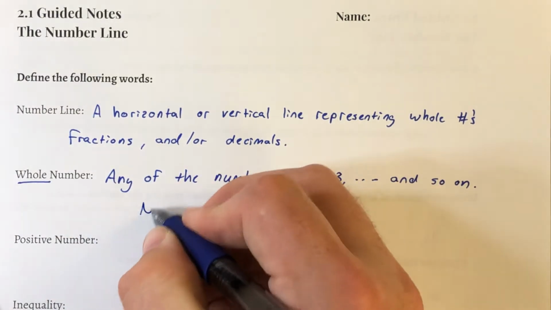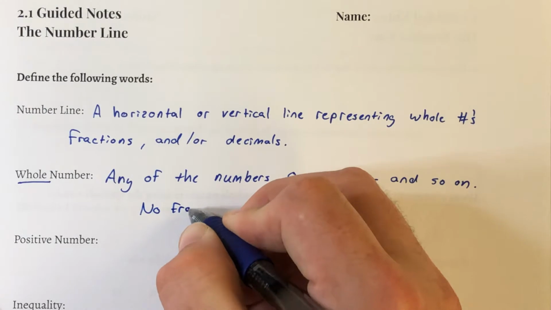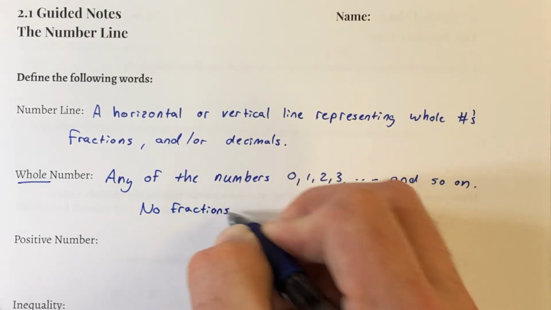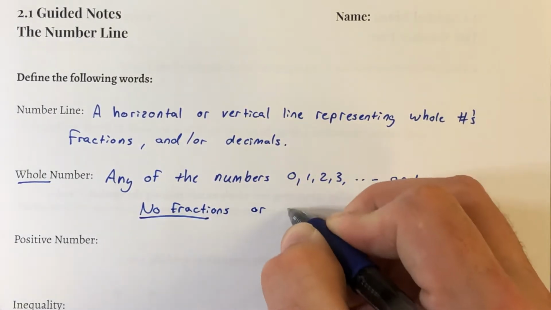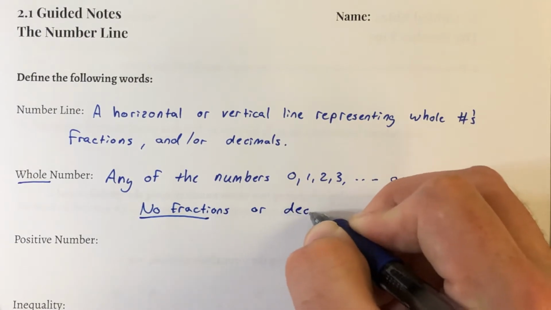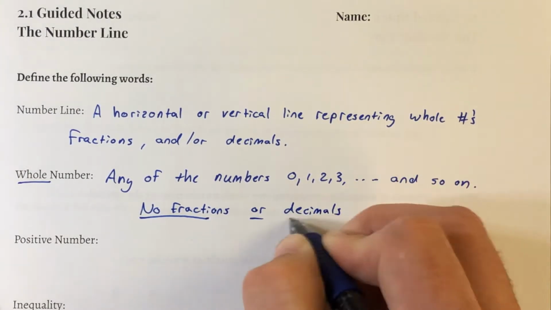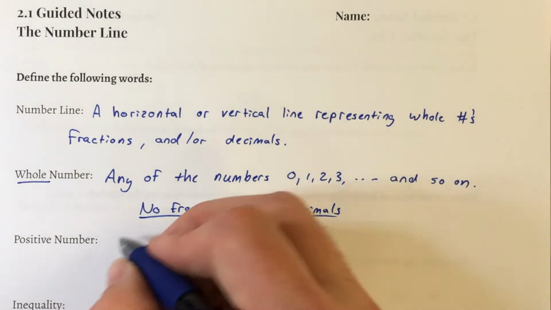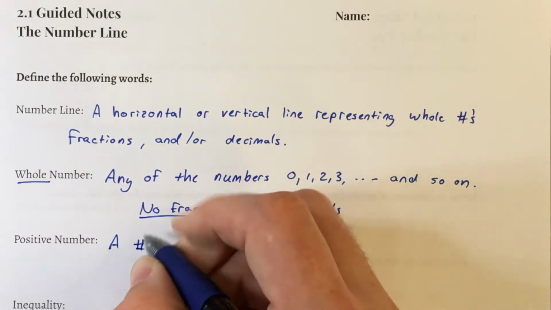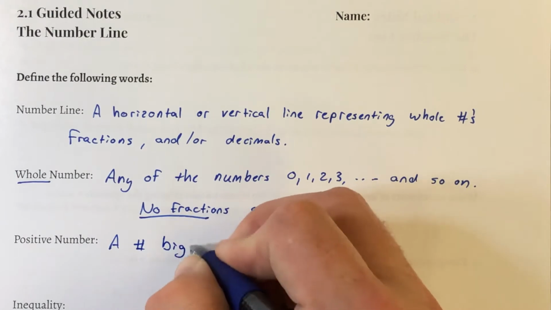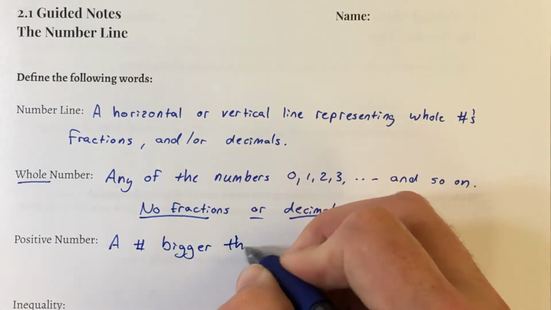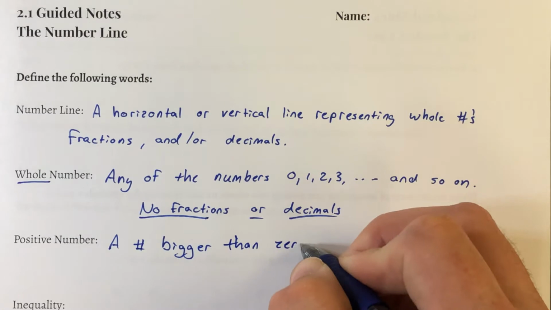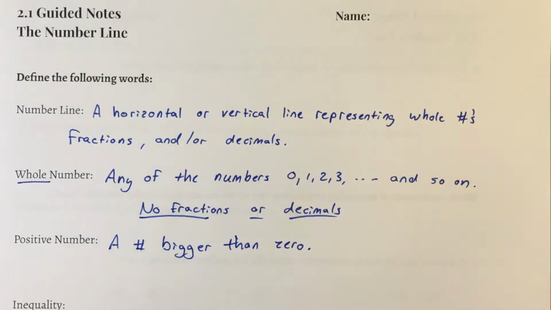So that means no fractions or decimals. Our third term, positive number. Positive number is a number bigger than 0. So anything larger than 0 is positive.